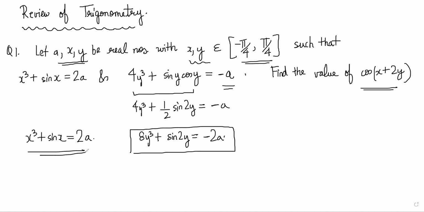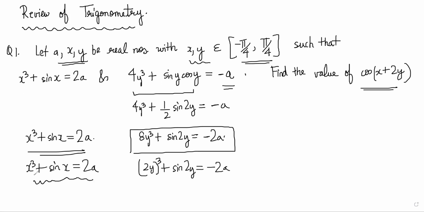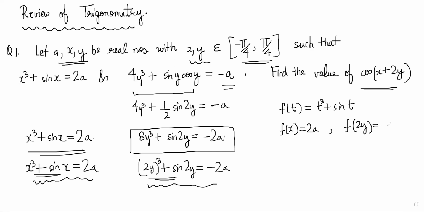Now what we can see here is this is also (2y) cube plus sine of 2y is equal to minus 2a, and this is x cube plus sine of x is equal to 2a. That suggests to us that both the left-hand sides are of the same form, and we can define a function f of t which is equal to t cube plus sine t, so that this equation becomes f of x is equal to 2a, and the second equation becomes f of 2y is equal to minus 2a.